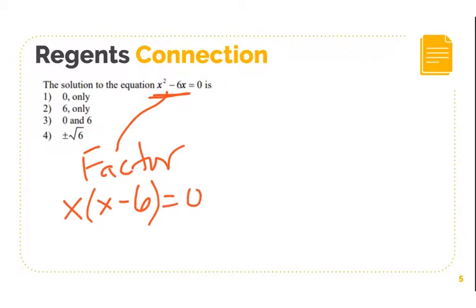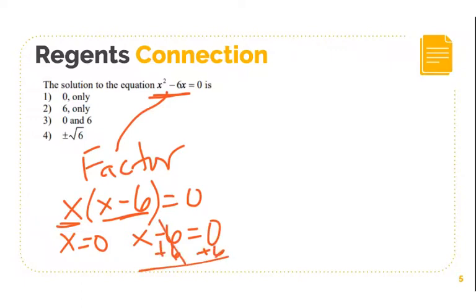Now, zero product property, x equals 0, right? One factor, and then x minus 6 equals 0. I'm just going to add 6. So my roots are x equals 0 and x equals 6. So I would have this answer 3.